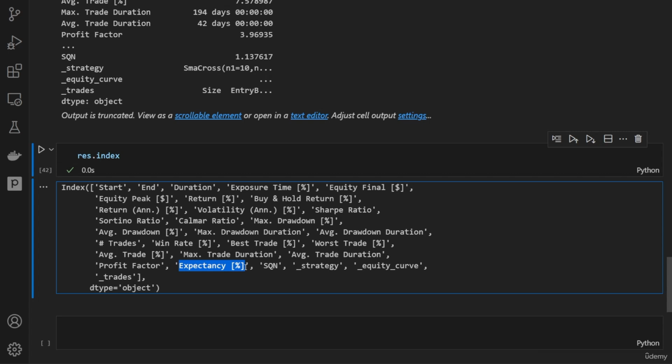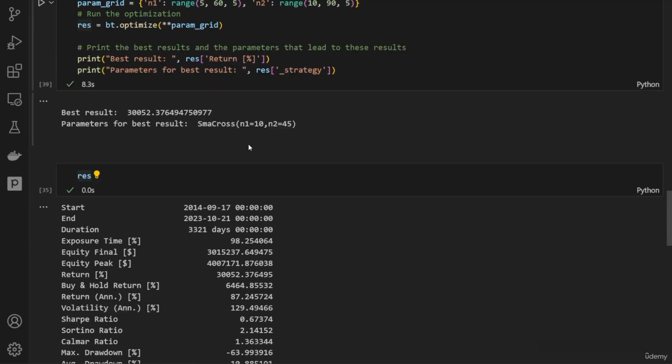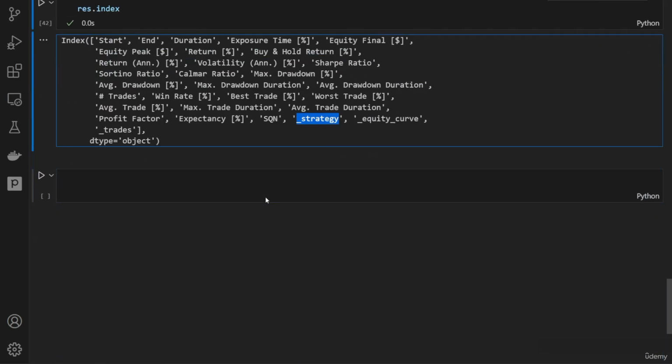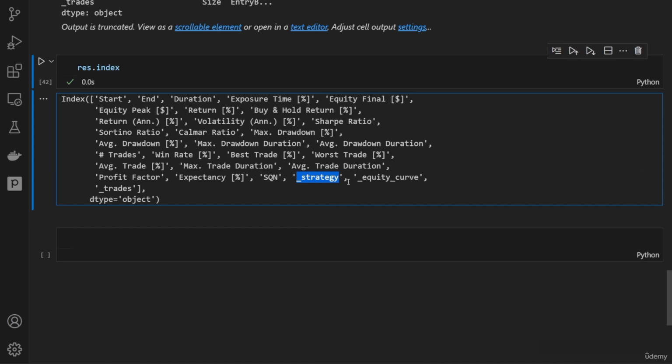We have the expectancy percentage, the SQN, the strategy that we have used to check for the best two parameters here. So I've used the key strategy, which is providing us the name of the class with the two parameters values. Then we have the equity curve and the trades. So these are also elements that we need to check.